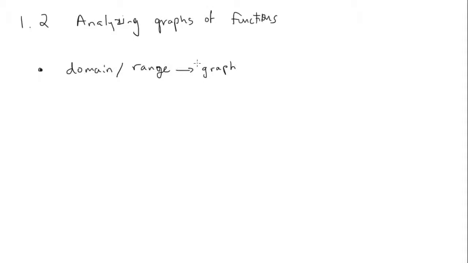We'll also revisit the vertical line test for determining whether or not a graph comes from a function or not. And then the last thing that we'll talk about are zeros of functions and what they mean algebraically and what they mean graphically.